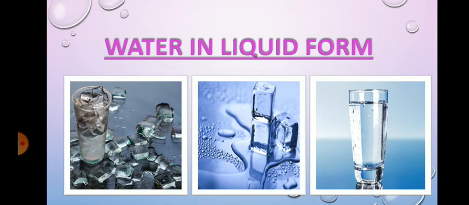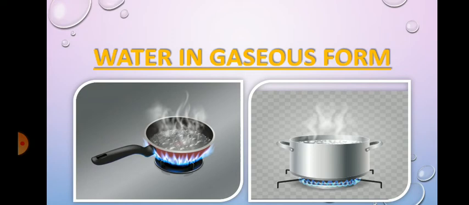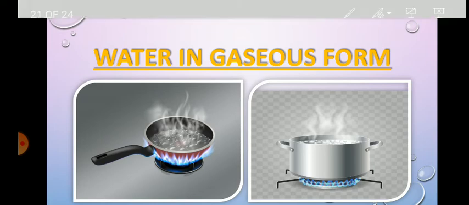That is the liquid form of water. And when we put that water in a pan and keep it on the gas stove, slowly it will convert into steam or water vapors and be suspended in the atmosphere. So we can see all three states of matter.